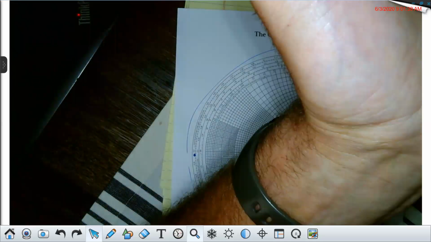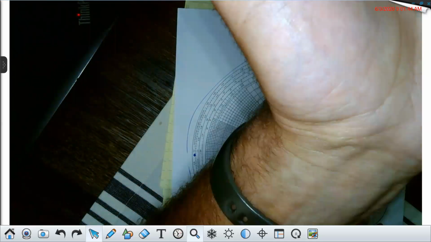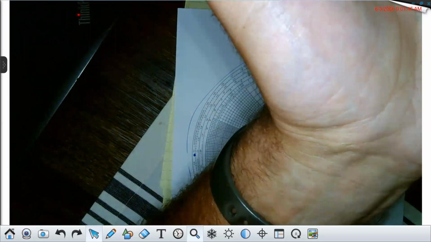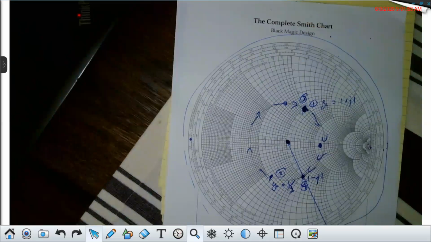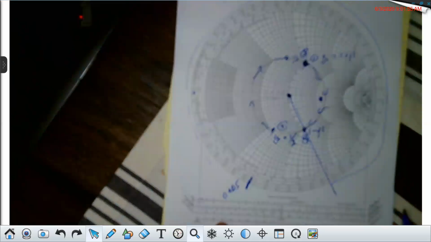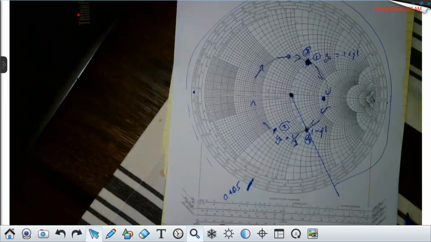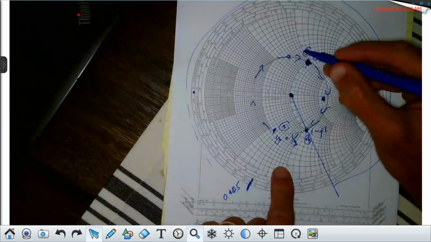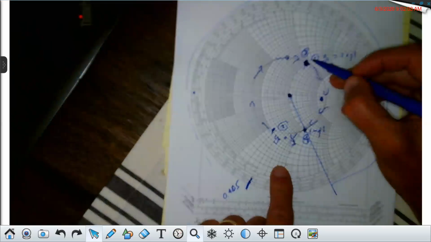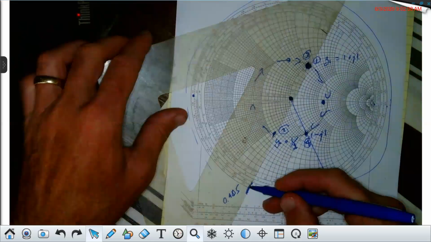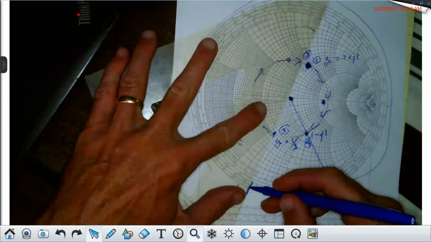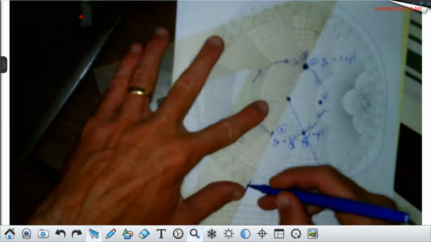Well, in chat, she just shouted, "Where is the 0.2 coming from?" The 0.2, there is no 0.2. It's 0.405. I think she's talking about 0.2 on the actual Smith chart, the point that you have labeled. Oh, 0.2. This is simply 1 over ZL. This was ZL, right? This is 1 over ZL. And if you want to get it this way, you can take a straight line, and this is messy, so bear with me, and go right from the center of the circle through that point.